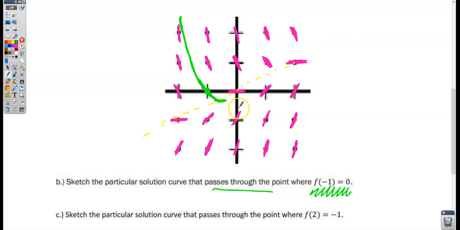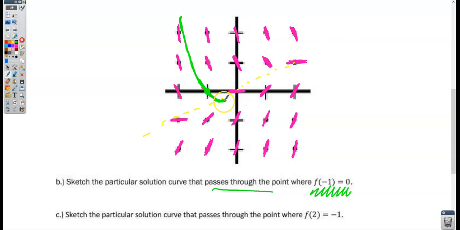The other thing that's going to happen that's interesting in this problem is, we've got this pattern that goes throughout the entire slope field. Well, at some point this curve is going to hit where the slope is 1/2. And once you get on that line where the slope is 1/2, the solution curve can't get off of it because the slope just stays 1/2 all along that line.